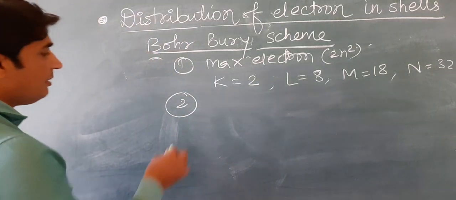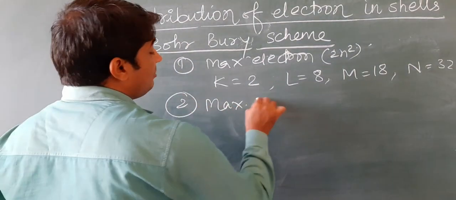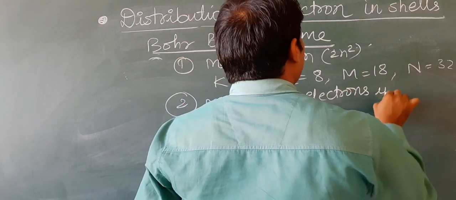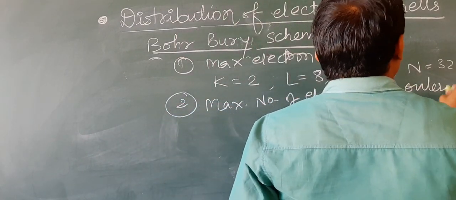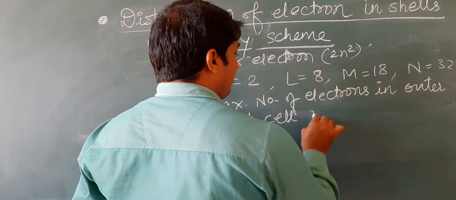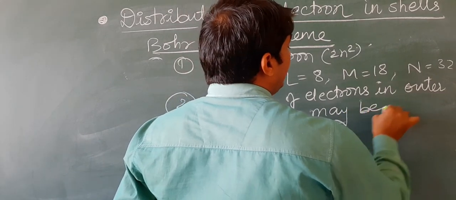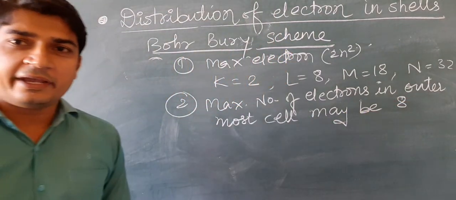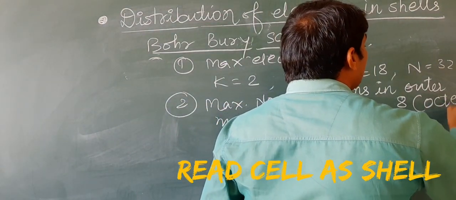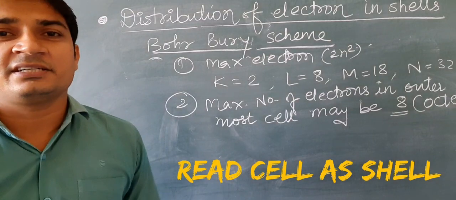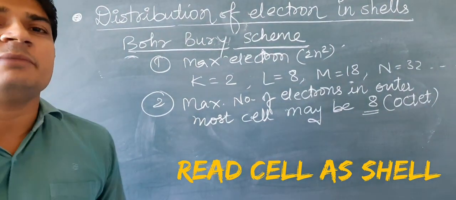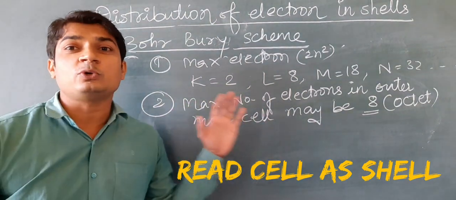Okay, so maximum number of electrons in outermost cell may be 8. Or we can say in outermost cell there may be 8 electrons, or we can say it should possess an octet. Maximum 8 electrons can be filled in this outermost cell.